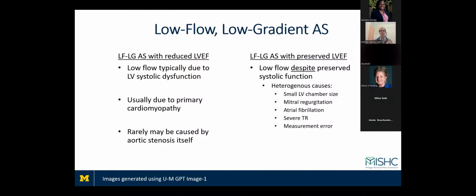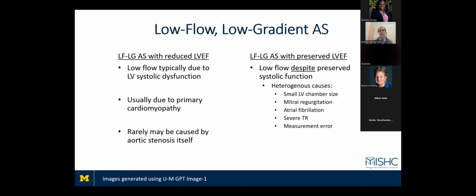So even though they might still be ejecting 60% of the blood out of their LV chamber with a normal ejection fraction, if you're starting with a smaller chamber size, there's going to be less flow that's going through the aortic valve. So that's the classic situation that we see, especially in elderly women. That tends to be the form of remodeling that we see with aortic stenosis.